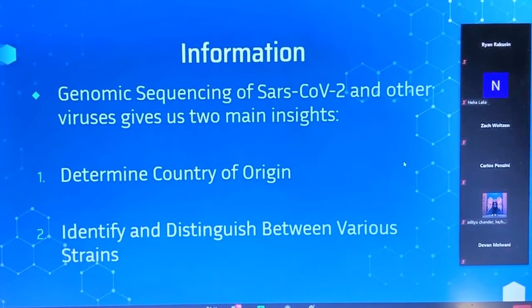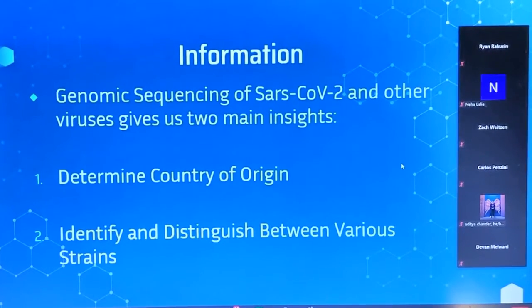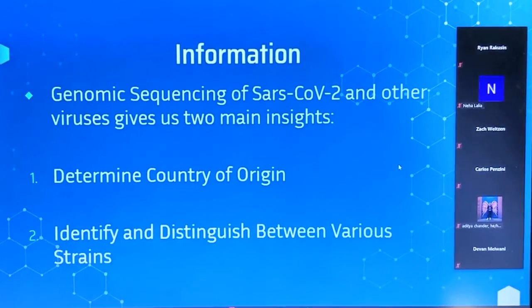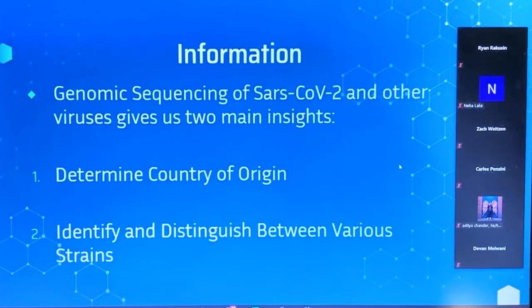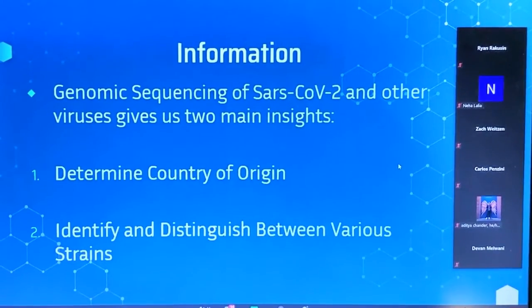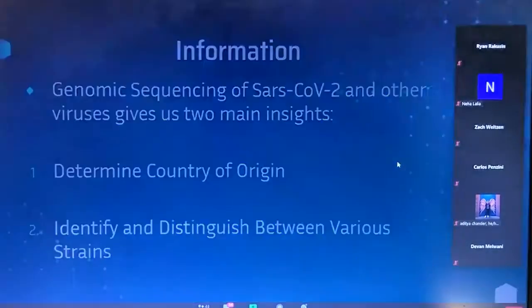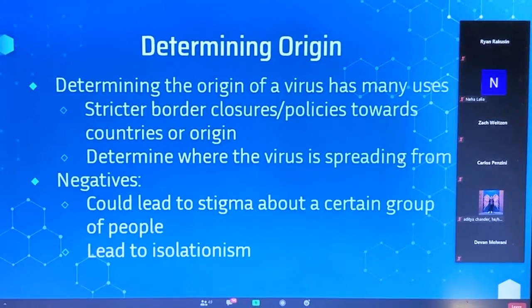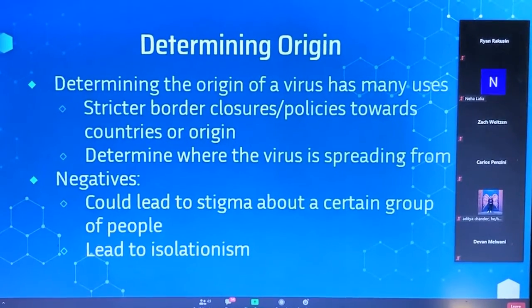So the two pieces of information we can get from genomic sequencing are determining the country of origin from the virus and identifying and distinguishing between various strains of SARS-CoV-2. So first, let's look at origin. So determining the origin has many uses, right?